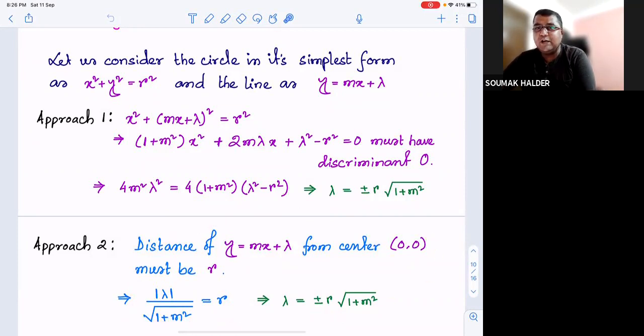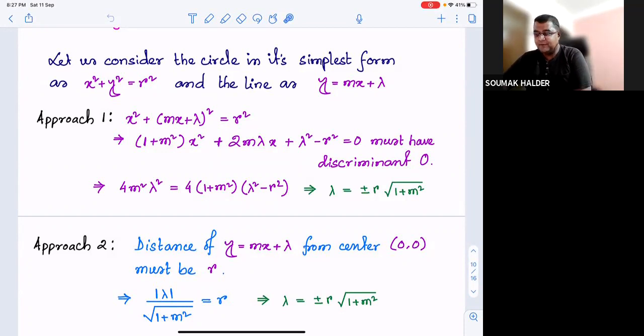It will never be that lengthy. But if we have more terms in the circle, the first approach can be quite lengthy in terms of the associated equation, and from there equating the discriminant with 0. So you can select your approach as per your comfortability. As such, approach 2 is more apt when the circular equation is not in simplest form.